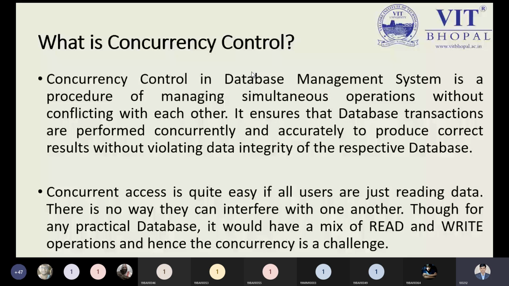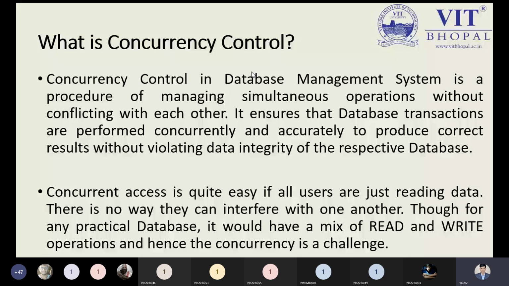But we are not bound by only a single operation. In our information, our transaction can be composed of two different operations, the read and write operations. So concurrency is not a simple thing. It is a big challenge for us, how we can deal with it.